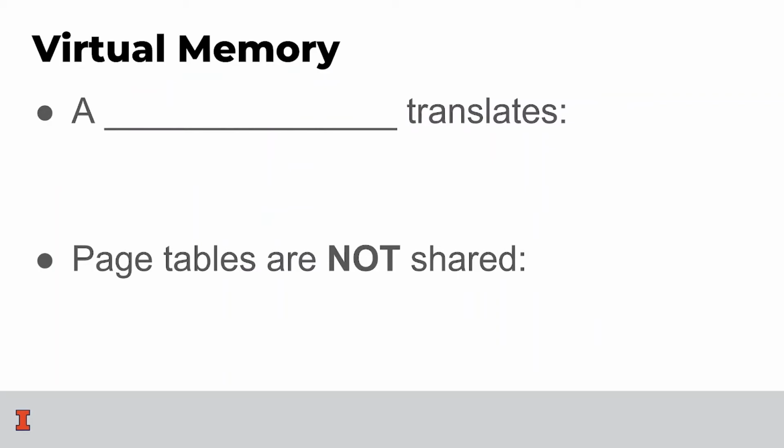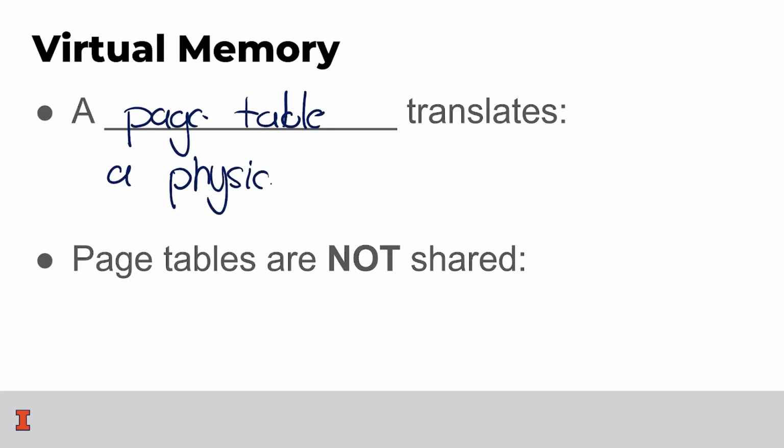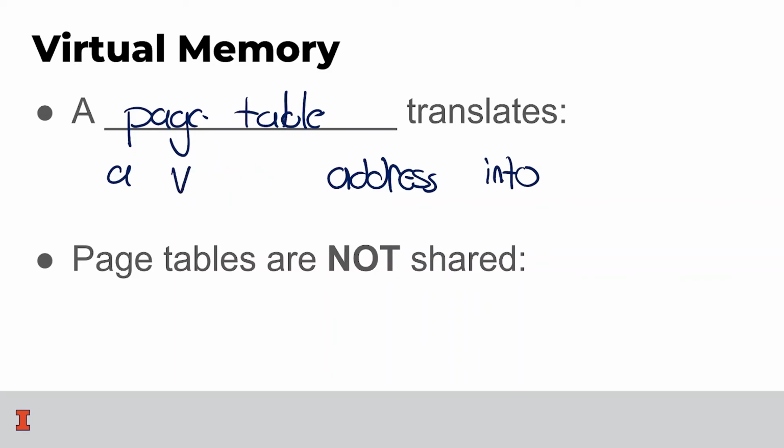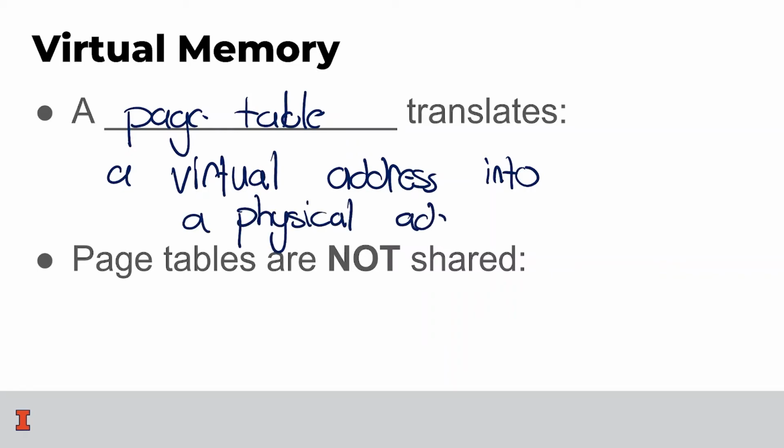And this is done through this magical structure called a page table. The page table translates a virtual address into a physical address. So you can have a virtual address, and the page table will translate the virtual address into a physical address.